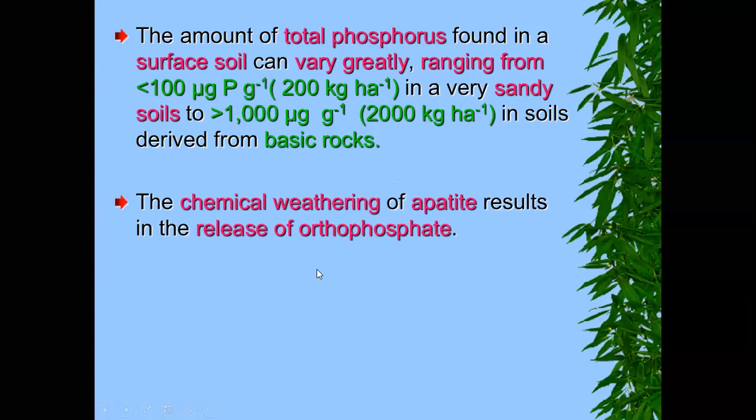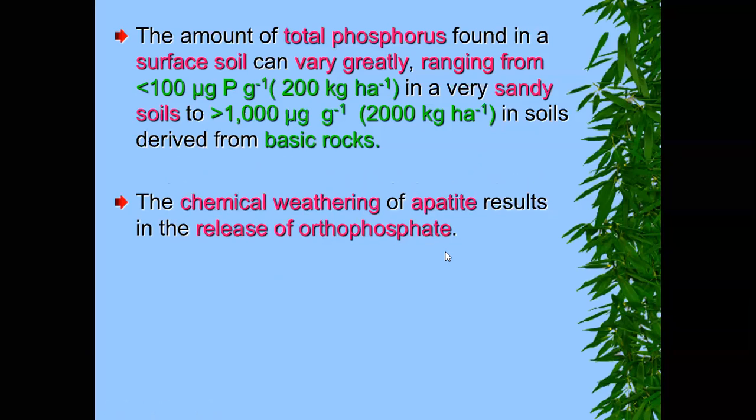So the chemical weathering of apatite results in the release of orthophosphate. You know that phosphorus is taken up by the plants in the form of orthophosphate, either as primary orthophosphate or as secondary orthophosphate, that is H2PO4 or HPO4.